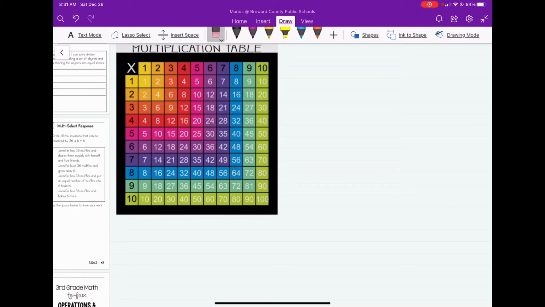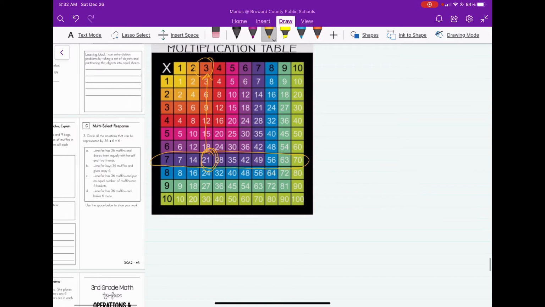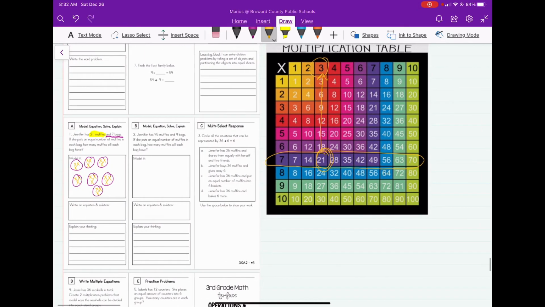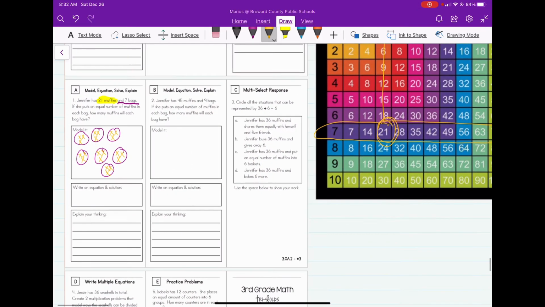So I'm going to look for my row of 7, which is my 7s times table, and I want to find where the 21 is. The 21 is right here. Now I just go all the way back up, and I know that the answer is 3. That's another way of modeling it, using the multiplication table.